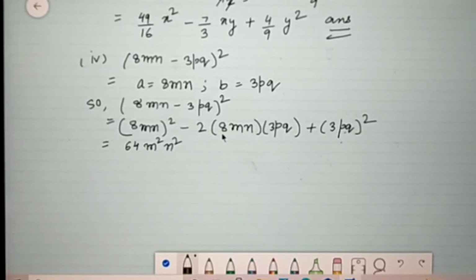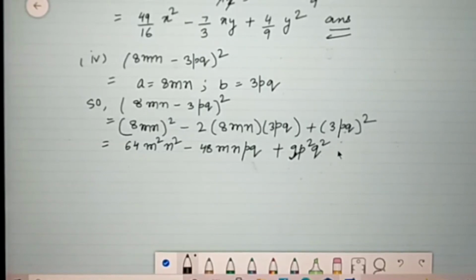Now 2 8s are 16, and 16 3s are 48, 48 mnpq, plus 3 square is 9p square q square. So this is the answer.